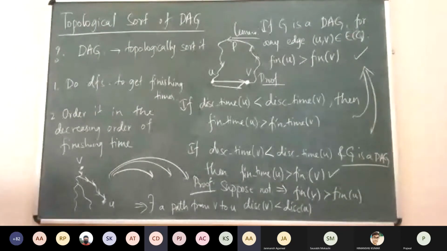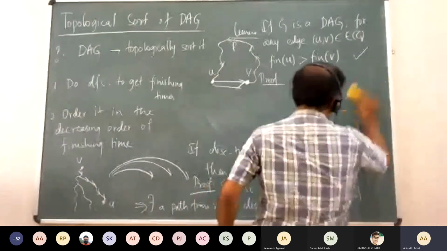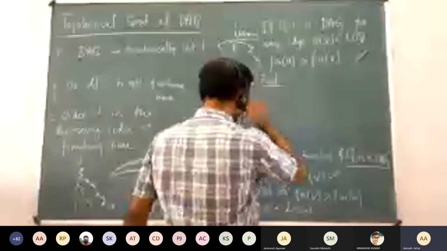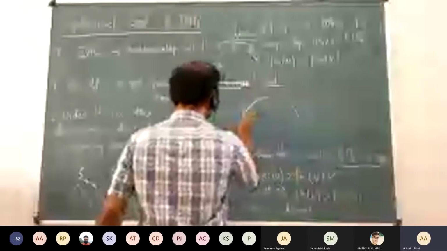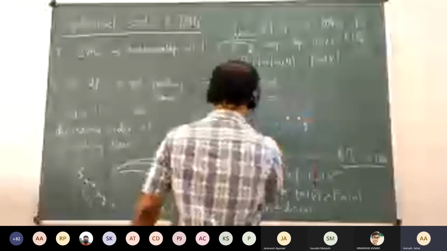We can assume by contradiction that there exists an edge from right to left. Since we have sorted by decreasing order of finishing time, suppose there exists an edge like this, say X and Y, right? What do we know?